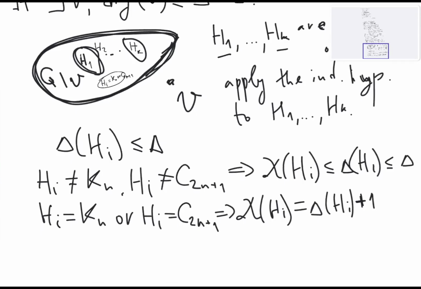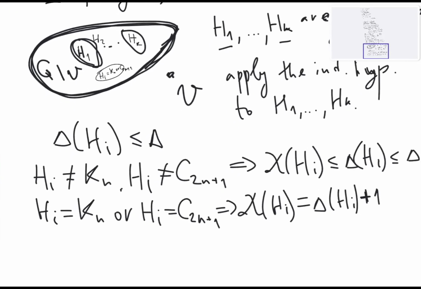For the whole graph to be connected, because remember that the whole graph G, the original graph G, must be connected, it must be connected to the vertex V. So the vertex V must be connected by some path to this component Hi.